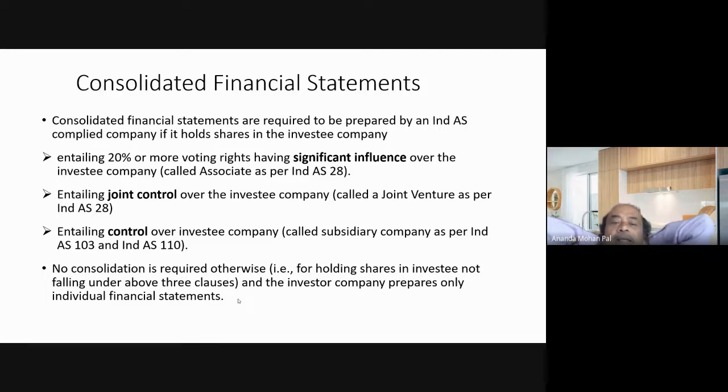Now, there are two names in place of standalone financial statements used in current literature. One is individual financial statement and another is separate financial statement. Separate financial statement is used for the standalone financial statement when consolidated financial statements are prepared.